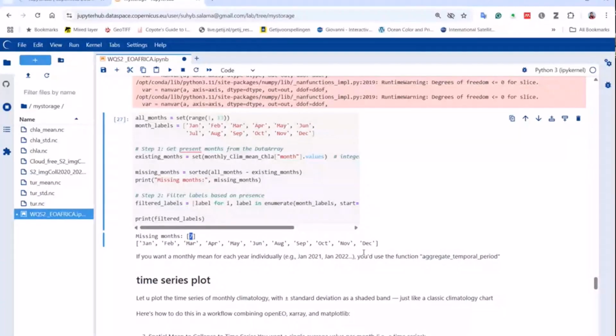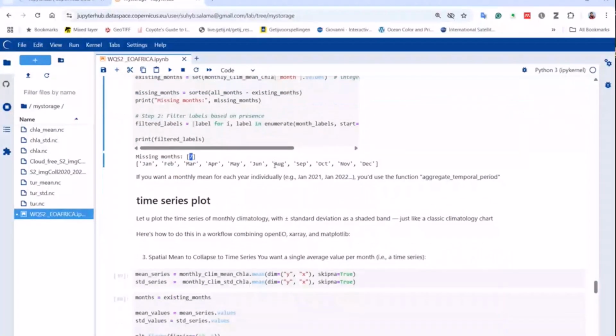So if you would like to have some data on the month of July, you have to relax the percentage of your cloud. Excuse me. And hopefully you will have it, maybe this month is always cloudy. But these are the small details that you have to take care of.